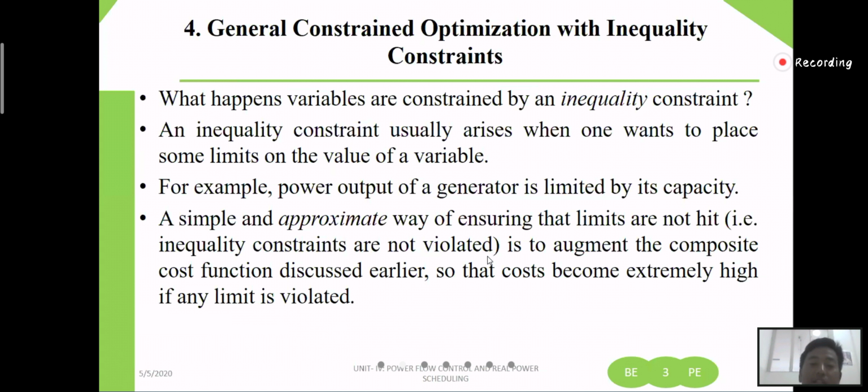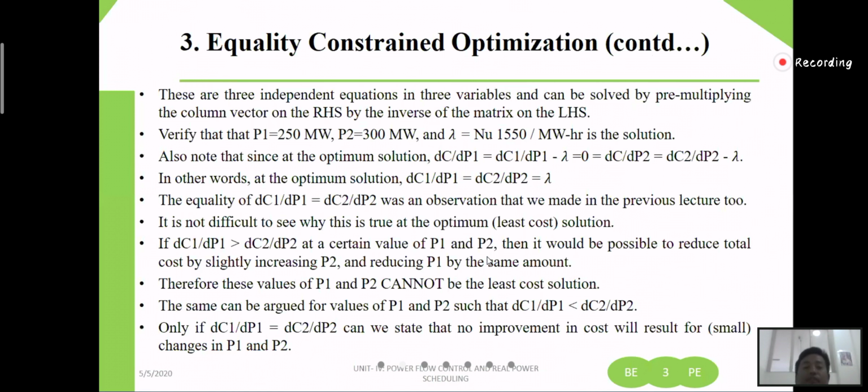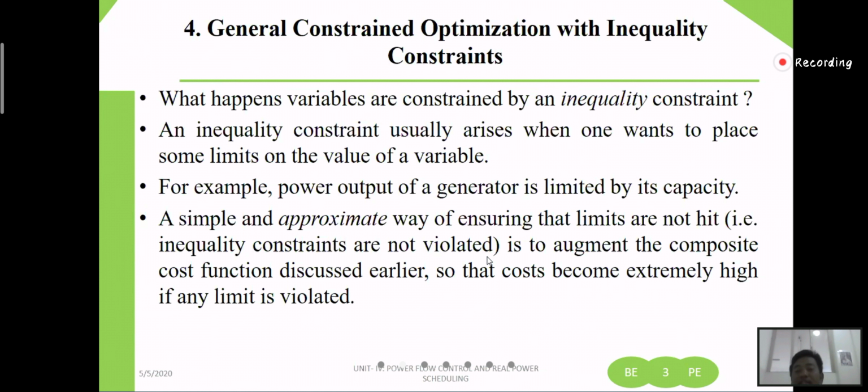Now normally there will be certain inequality constraints, right? Always you will not get only an equality constraint. So wherever there is an inequality constraint, it means the maximum power that can be generated by generator one, and then the minimum power can also be there.